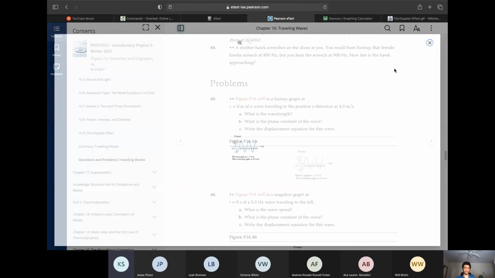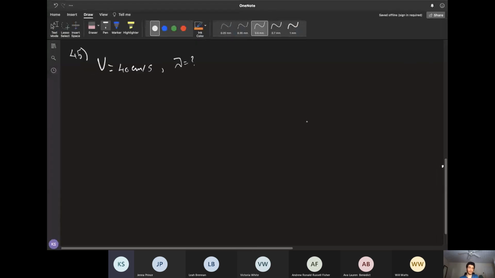Yeah, you need to find f. Yes, indeed. So v is equal to lambda multiplied by f. That means lambda is equal to v over f.